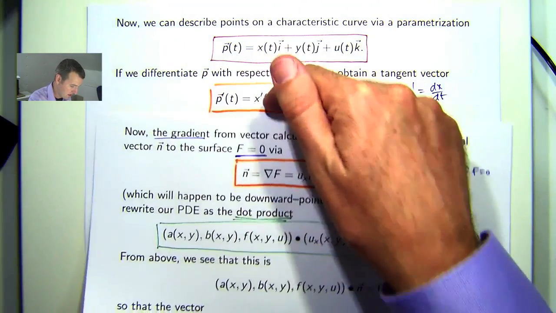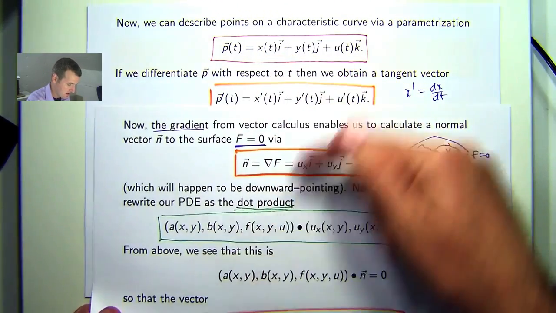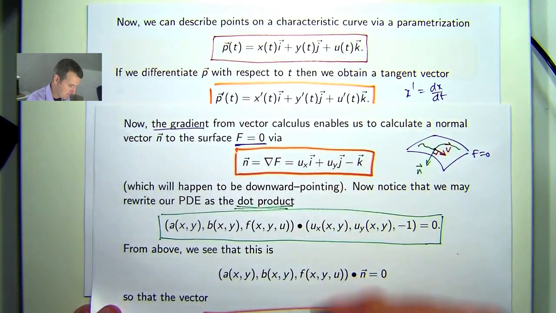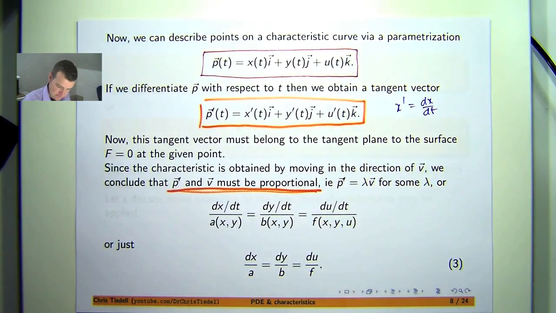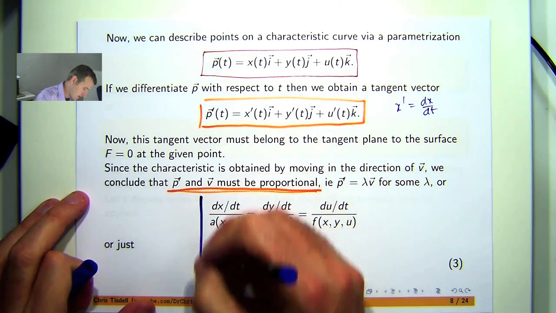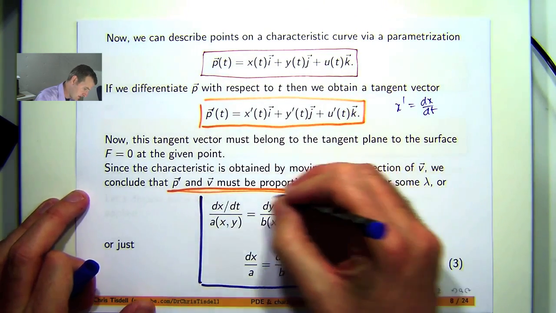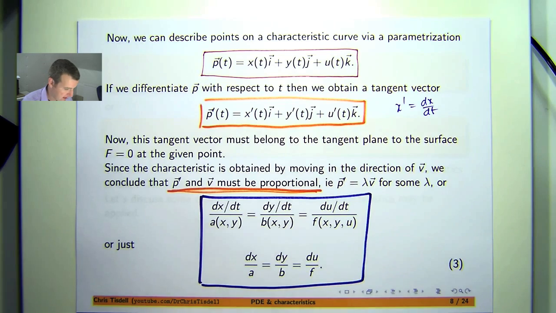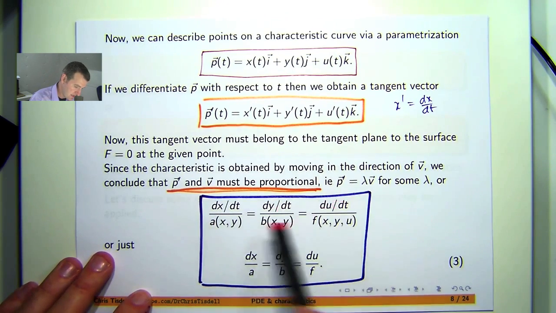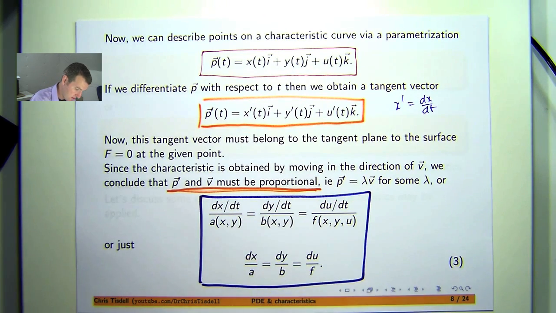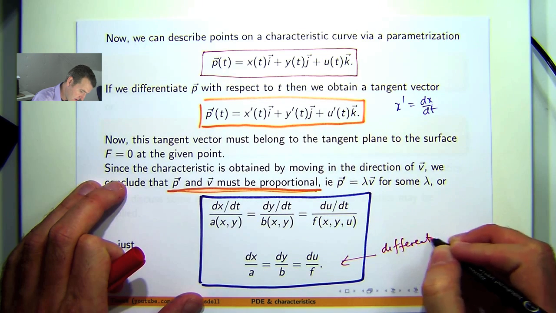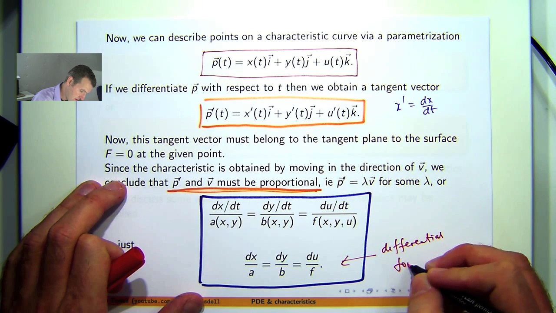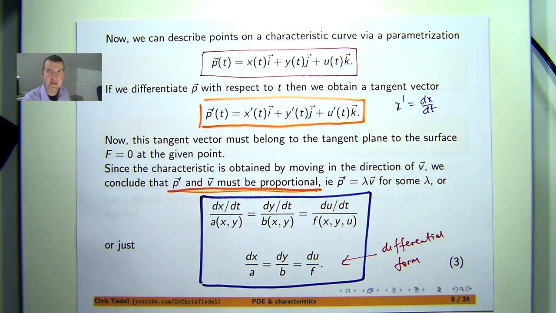Now, if you equate the components, you can come up with 3 equations. And these are the most important equations I've introduced so far. Or just written in the compact differential form, you have these.